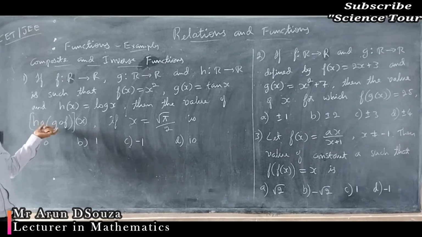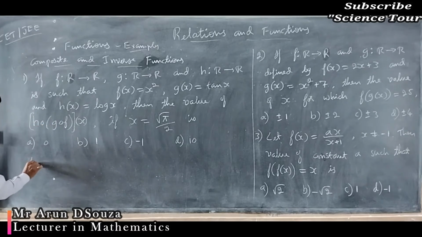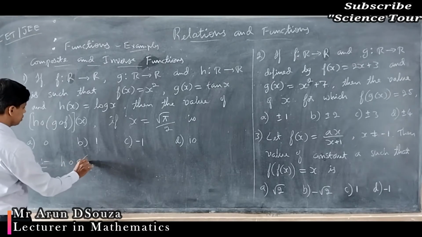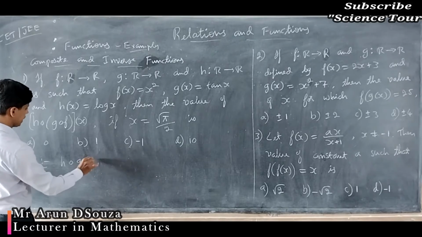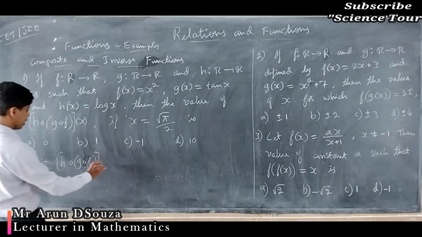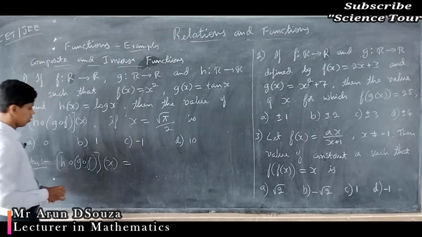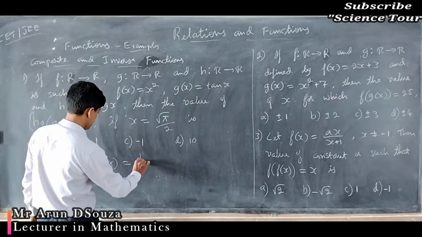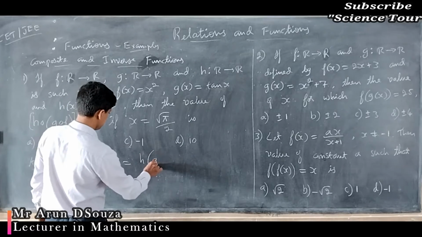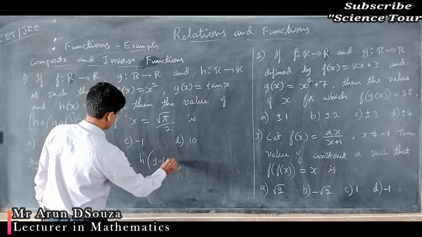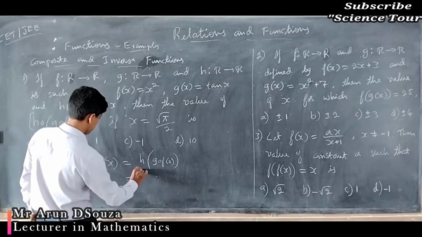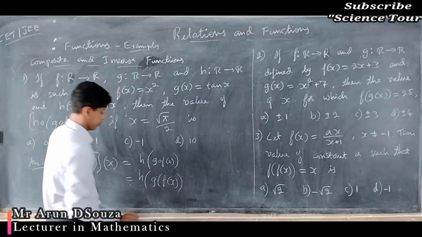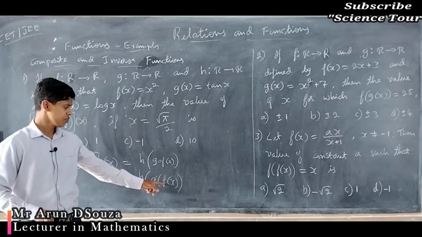Let's begin with this. So we have to find h of g of f of x. That is h of gof of x, which is nothing but h of g of f of x. Now let us substitute f of x.